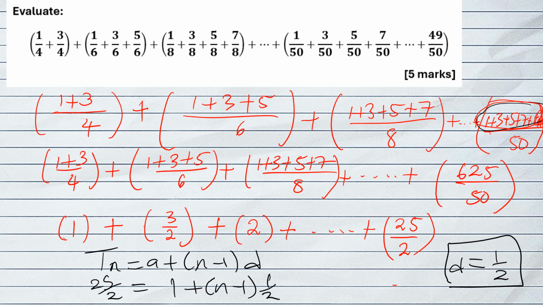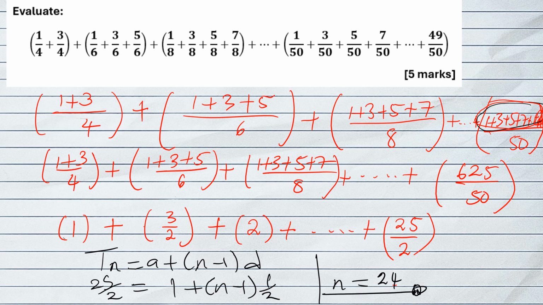Then we can solve for n, right? So 25 over 2 minus 1, then we divide both sides by 1 over 2, or multiply by 2, and I get 23. Then if I add that 1 on the negative 1 side, it gives me n equals 24. Okay, so there are 24 terms.